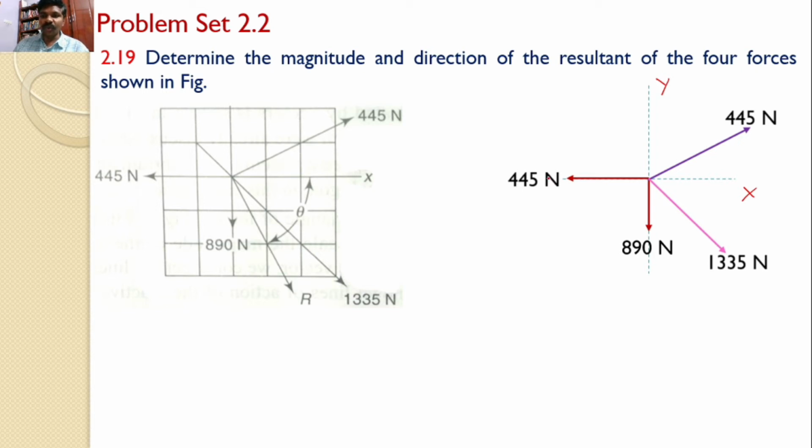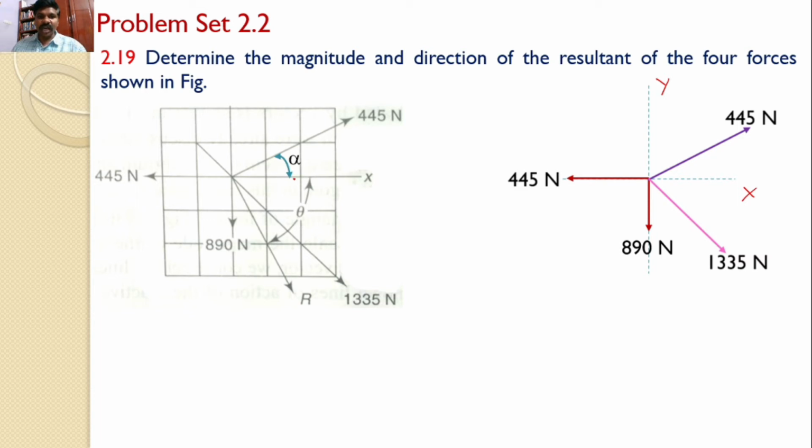This 445 newtons is horizontal, I know. But for the remaining two forces, that 445 newtons and 1335 newtons, the angles are not known. The first step in this problem is to identify the angles made by 445 newtons and 1335 newtons with the x-axis.